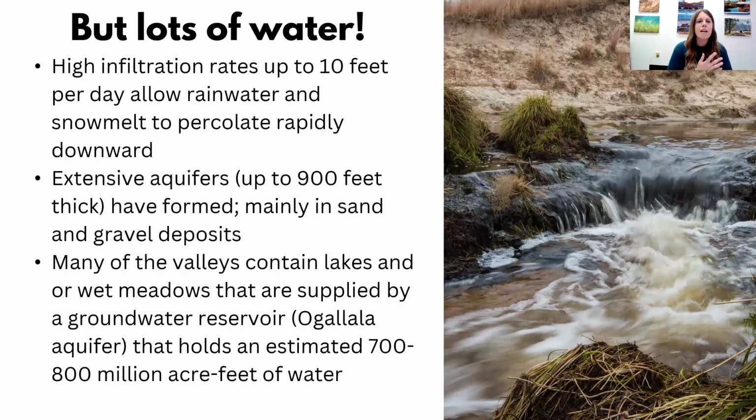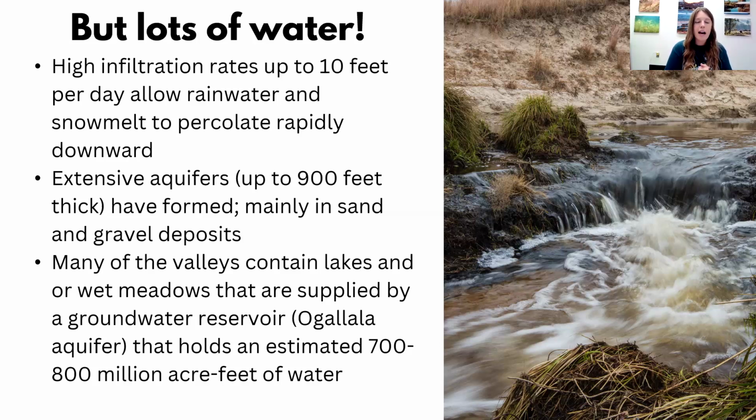But one of the things a lot of people don't know is there's a ton of water in the Sandhills. When we think about waters and rivers and streams, we think maybe more of the eastern side of the state, which you're not wrong, but there are quite a few lakes and rivers in this area. The Sandhills have numerous lakes and even wetlands. There are specific wetlands called the Sandhills wetlands found in that area.